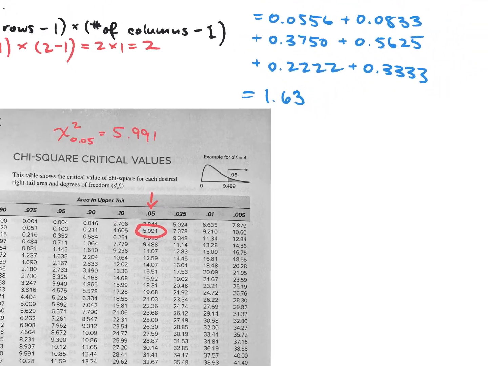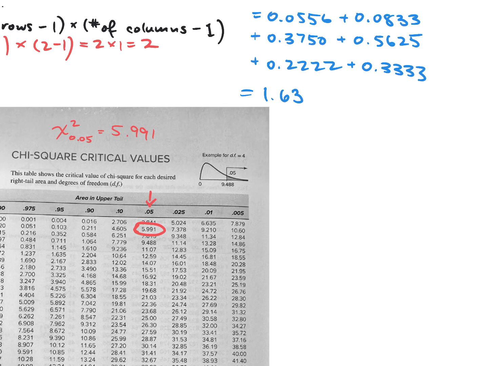So now we check, is the thing that we calculated, 1.63, less than the critical value? I see one person nodding yes. Okay, so since 1.63 is less than 5.99, what do we do? Reject or not? Do not reject.